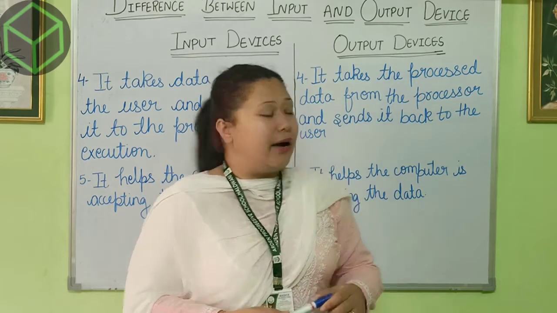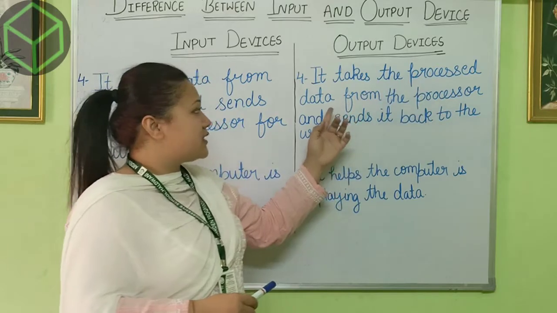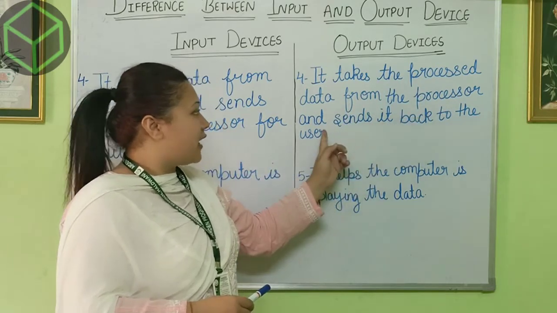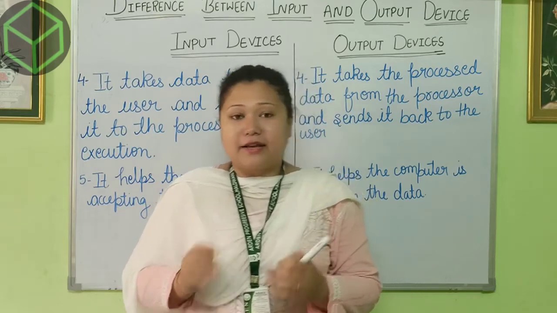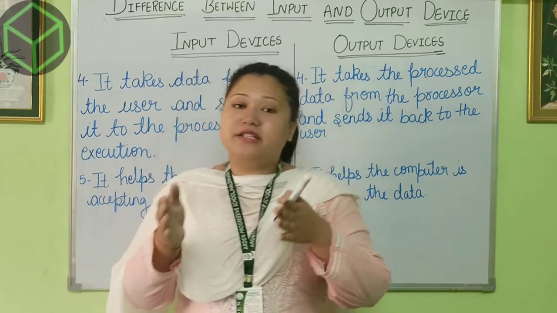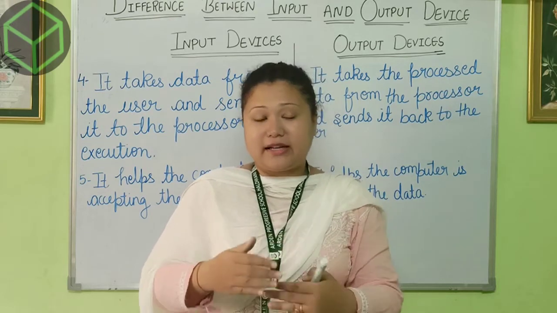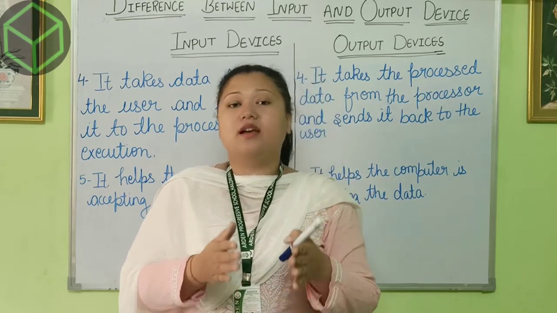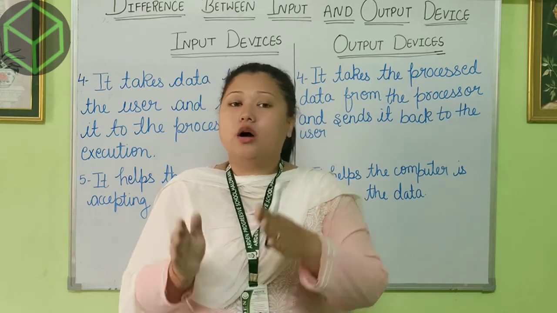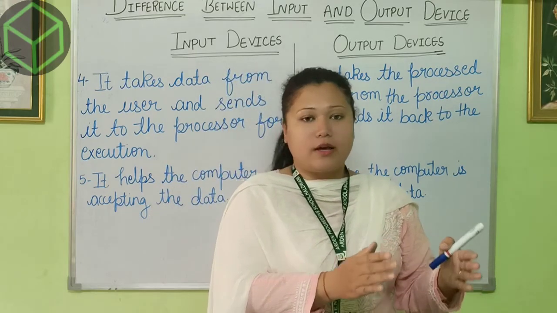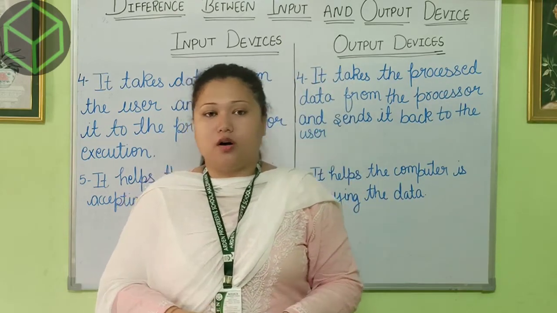Now about the output device, it takes the processed data from the processor and sends it back to the user. Here the input device has given the instruction to the processor, the processor processes the data, and after processing it sends that data to the output device. So this is the whole process of how a computer works.